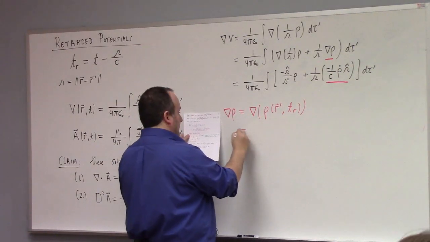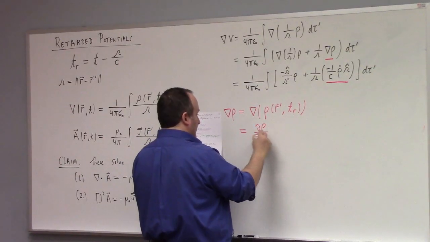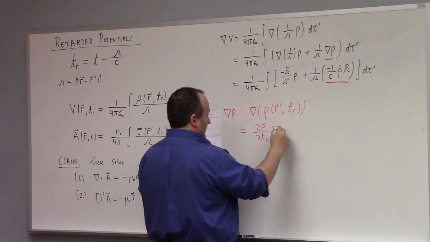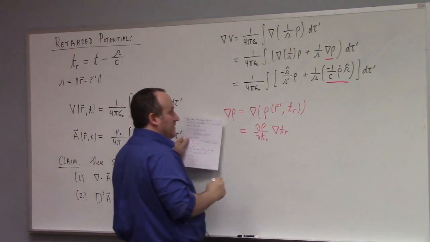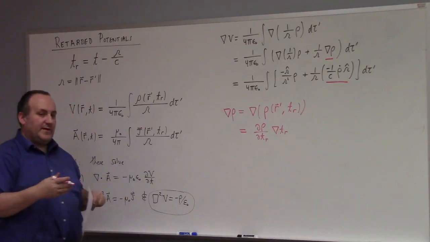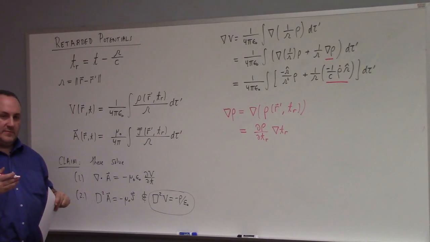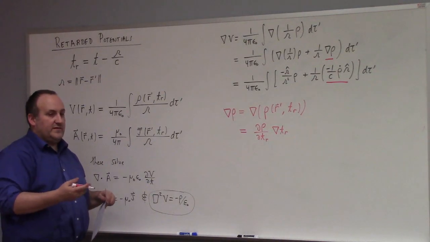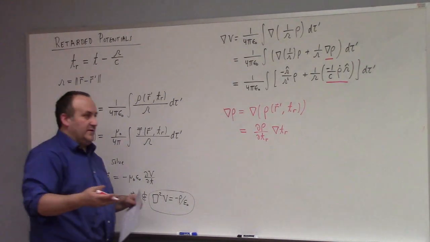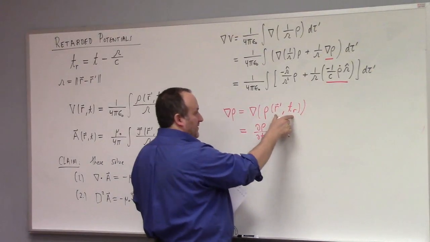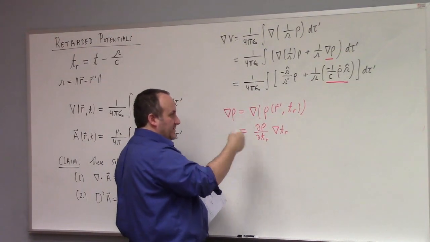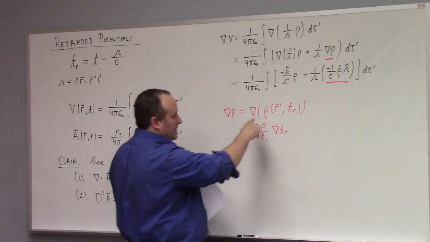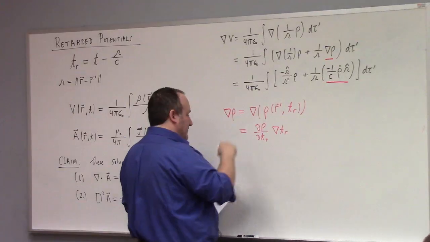By the chain rule, that's just partial rho partial t_r times the gradient of the retarded time. My logic is that we're taking the gradient with respect to the field position, and the source position and the field position are independent. This is a function of 4 variables, so in principle the gradient would involve 4 different kinds of partial derivatives, but this is all I'm left with because of the independence of the field and the source point.